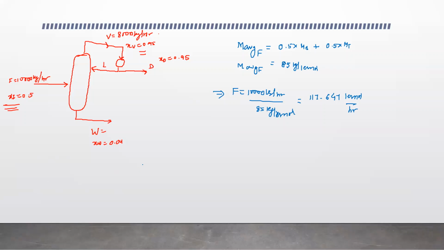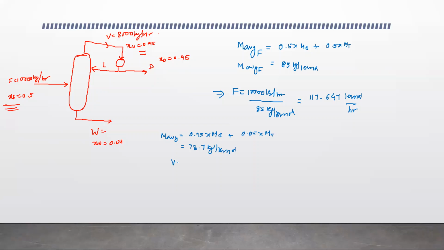Right. So, the average molecular weight for vapor is going to be 0.95 into molecular weight of benzene plus 0.05 into molecular weight of toluene. So that is 0.95 into 78 plus 0.05 into 92. So that is 78.7 kg per kilomole.